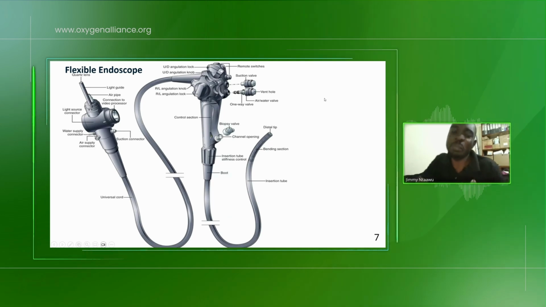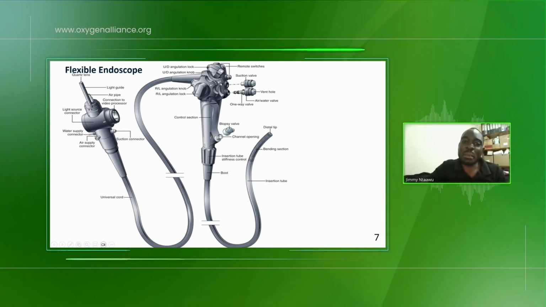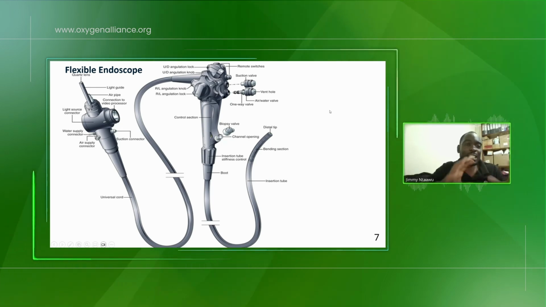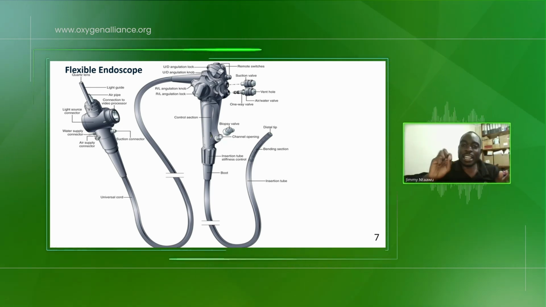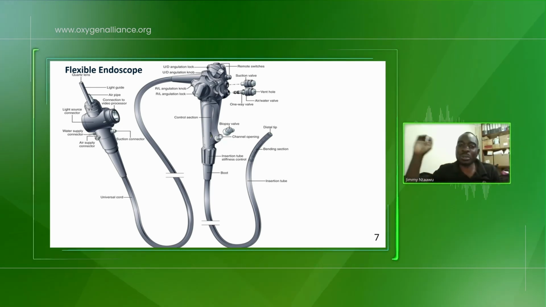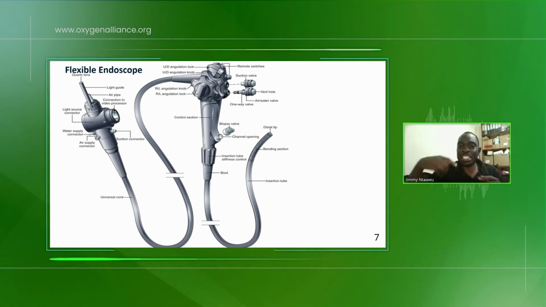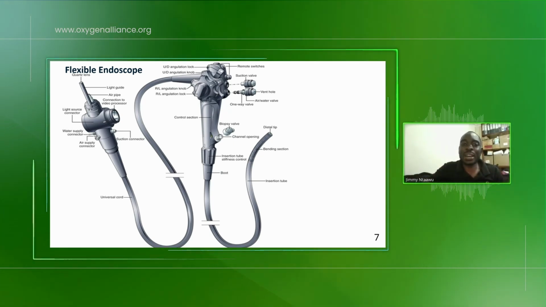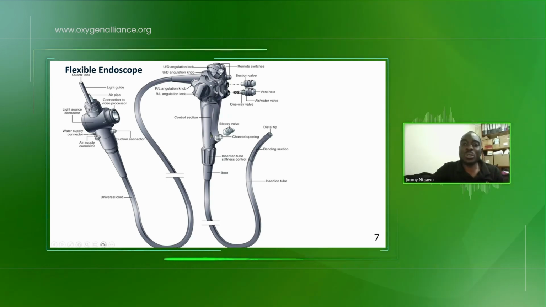Maybe I've seen a polyp. Then I turn my knob up, then I lock it, and just stay there to monitor the area. And maybe I'm explaining to my fellow doctors and to the nurses what is happening with the patient. Then when I'm done and I want to move, I forget to unlock.